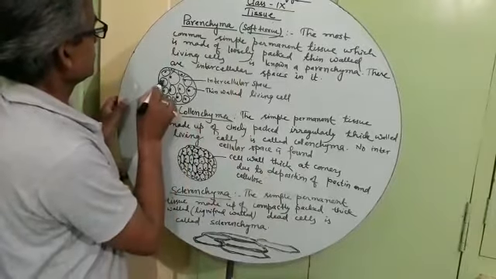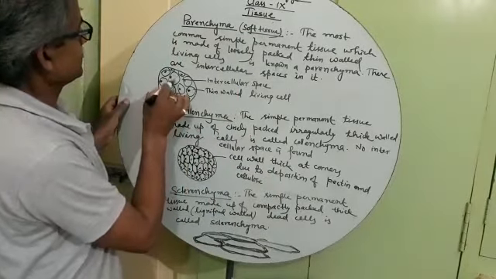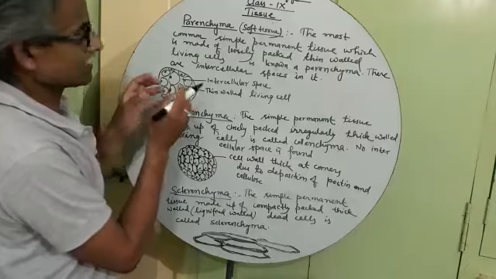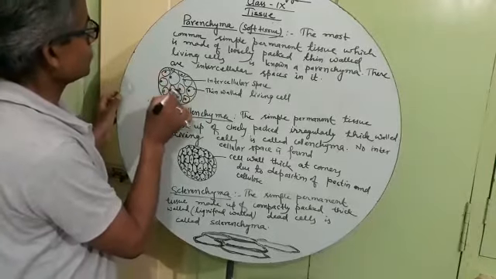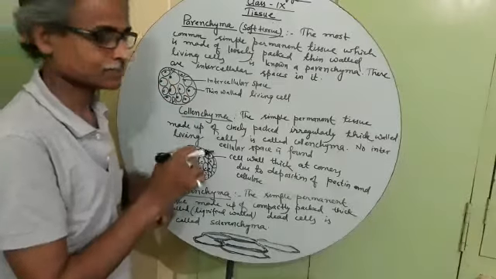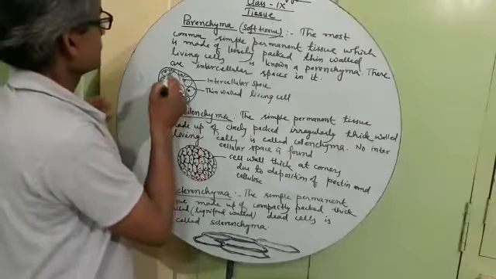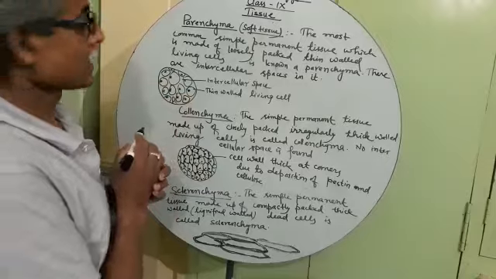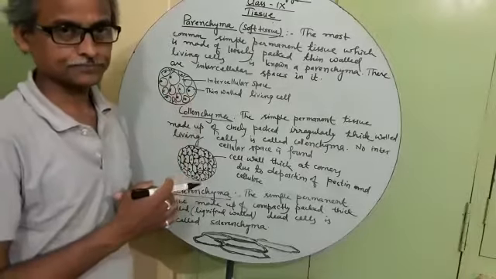It means, look at the diagram, cells are present here, but they are not compact. They are loosely packed. They are oval in shape. Cell wall is thin, and these are living cells.